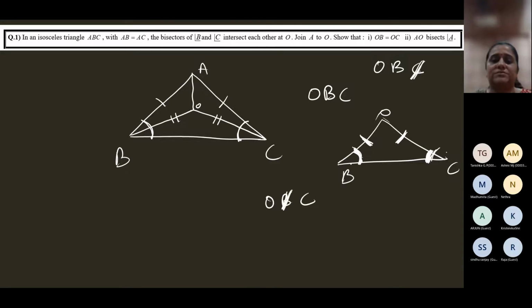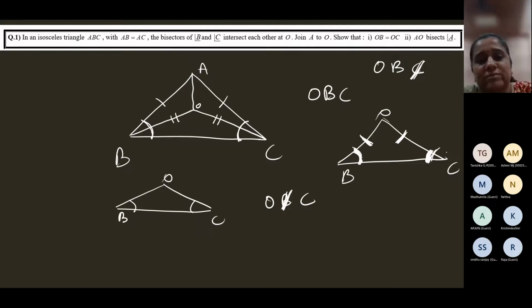So in triangle OBC, if you prove that this angle is equal to this angle, then by the theorem, in the same triangle, when two angles are equal, the sides opposite to them are also equal. So you can say that this side is equal to this side. Like that, you can prove that OB is equal to OC.